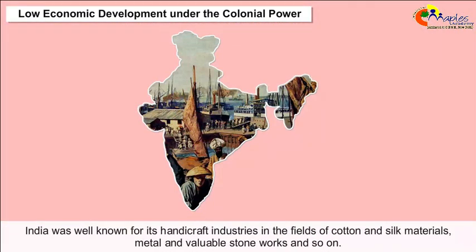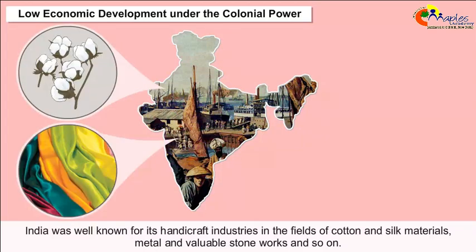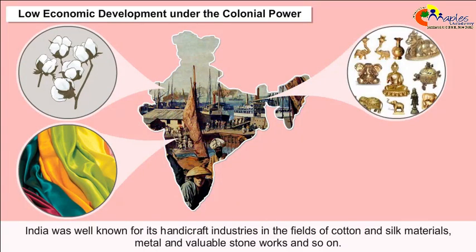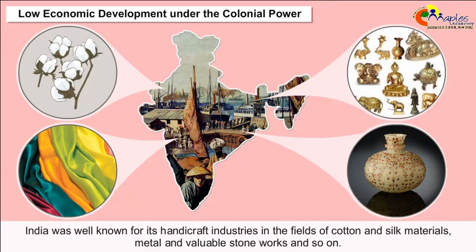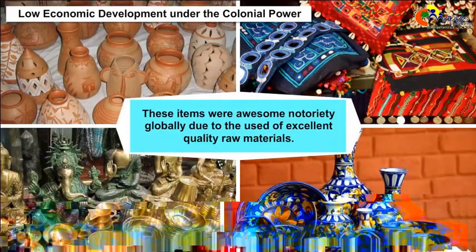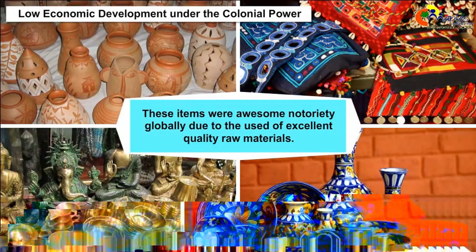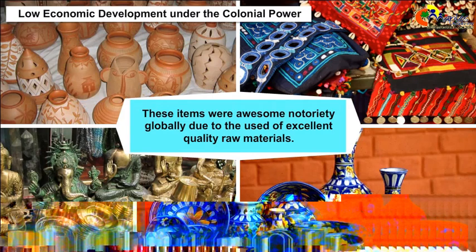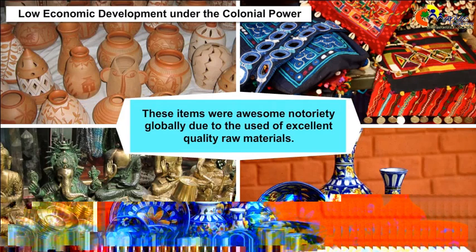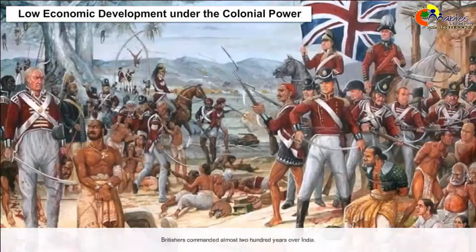India was well known for its handicraft industries in the field of cotton and silk materials, metal and valuable stone works, and so on. These items had awesome notoriety globally due to the use of excellent quality raw materials.